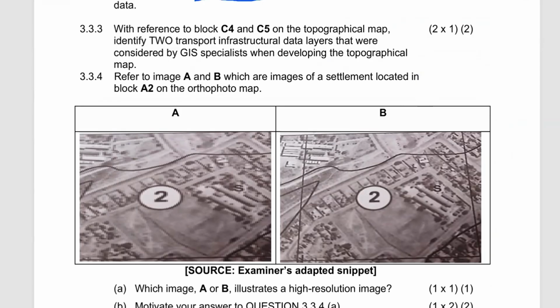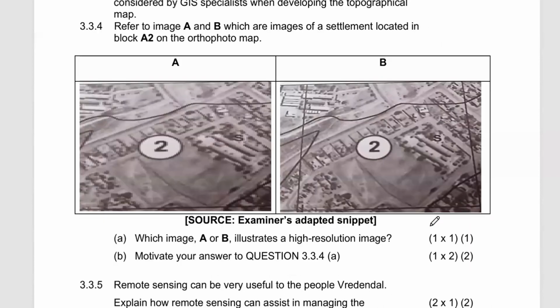Refer to image A and B, which are images of a settlement located in block A2 on the orthophoto. Which image, A or B, illustrates a high resolution? High resolution is B. For that reason, why are we saying it's high resolution?